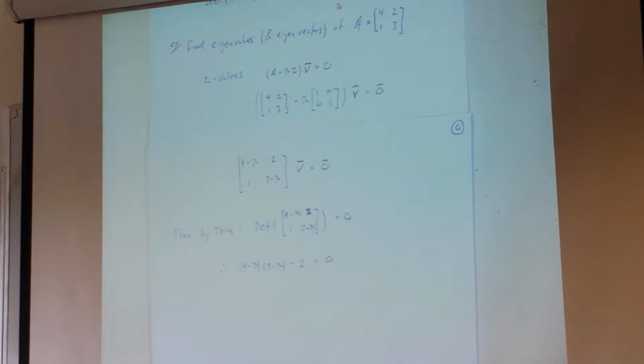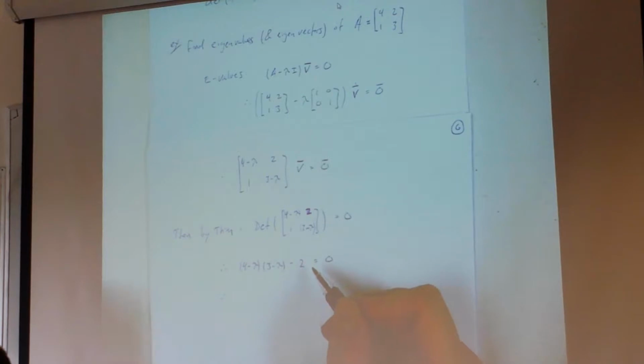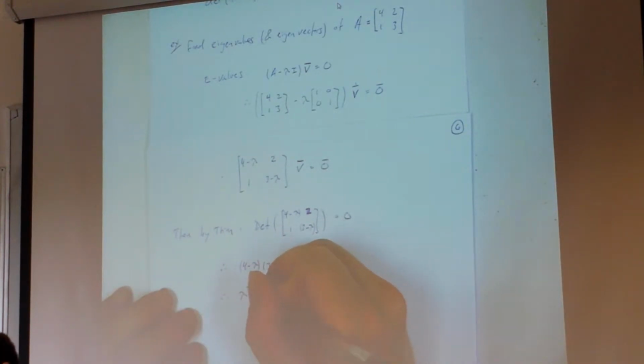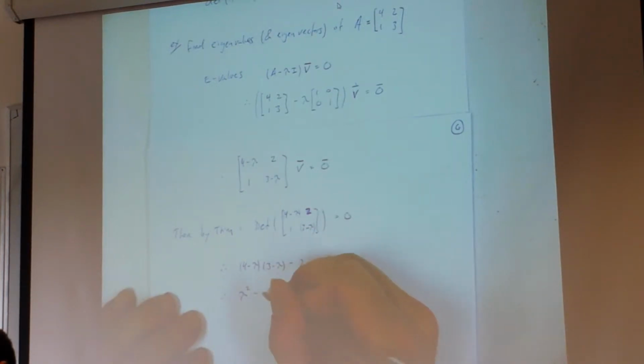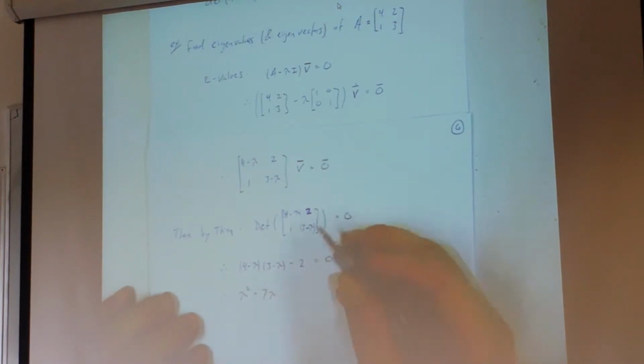Okay? And then we multiply this out. 12 minus 2, I think we're going to have a plus 10. I have a lambda squared. Lambda squared minus 4 lambda minus 3 lambda plus 12 and minus 2.